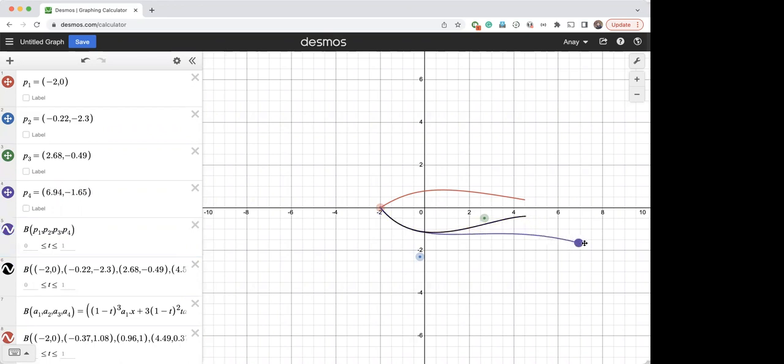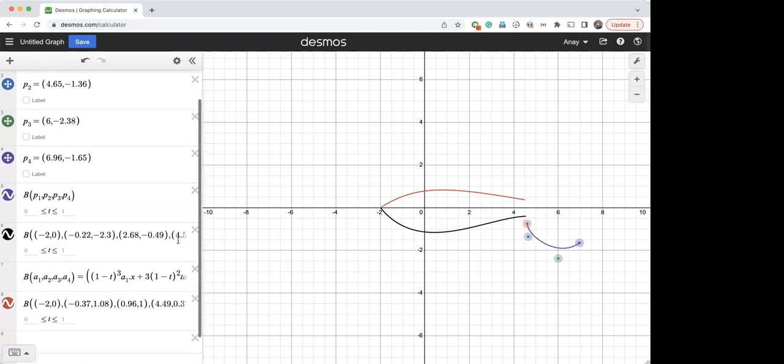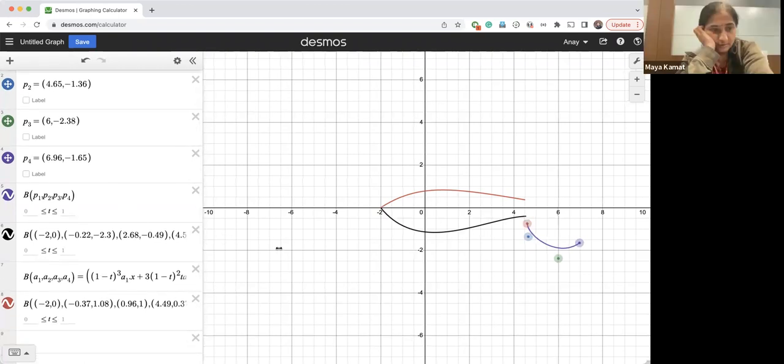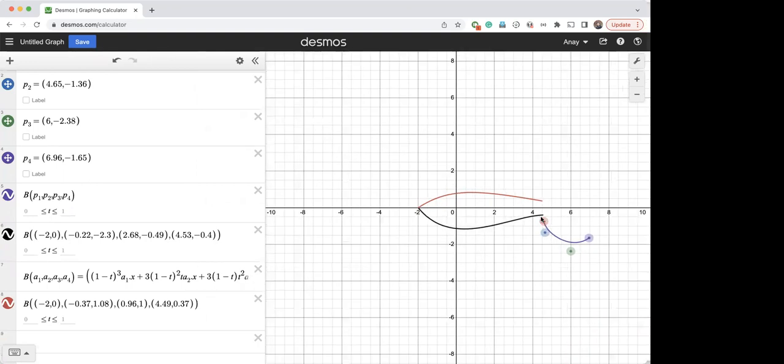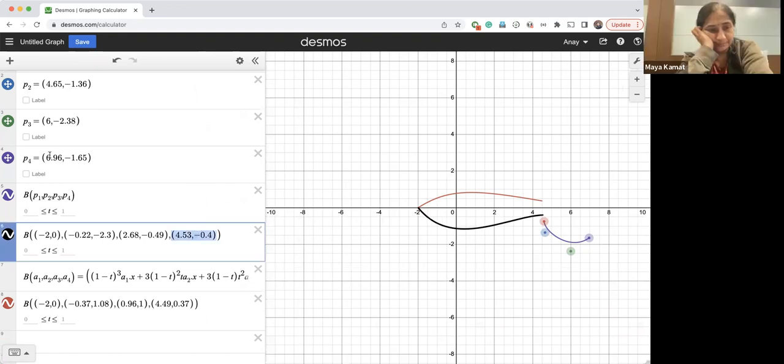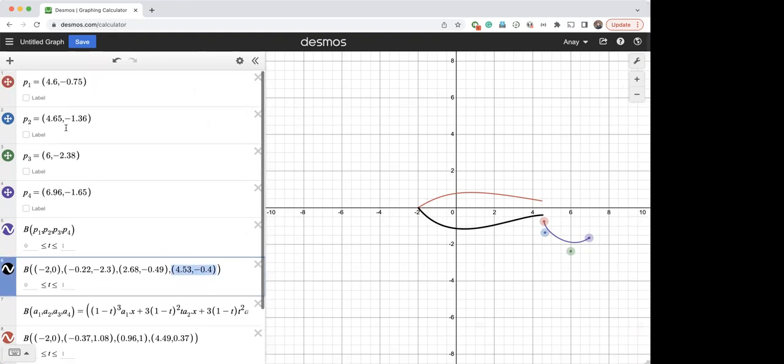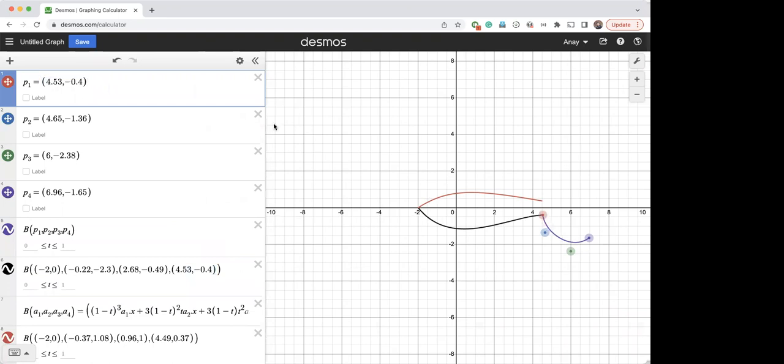I would want this point to be here, this point here, this point here, and this point to match this last point, correct? What was the last point? Earlier P4, 0.96. We can find it out here. Or possibly no, it was this value, right? 4.53 was our last point, but that now becomes the starting point here. So it correctly matches this.